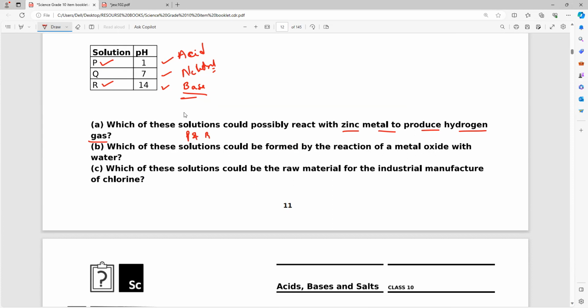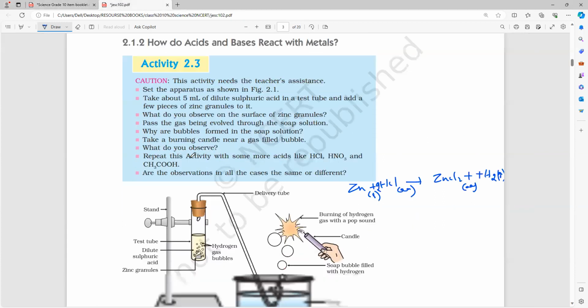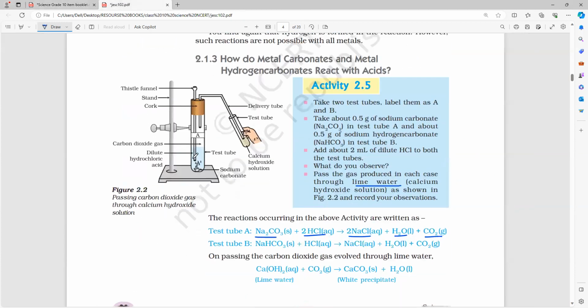Next. Which of these solutions could be formed by the reaction of a metal oxide with water? So metal oxides, where do we have them? Metal carbonates we have.